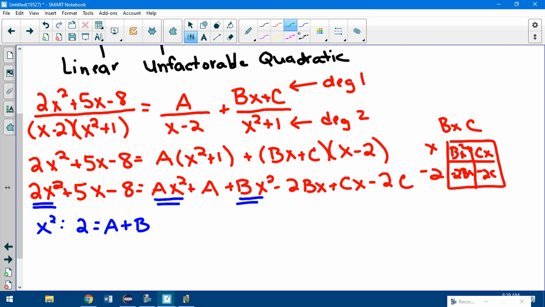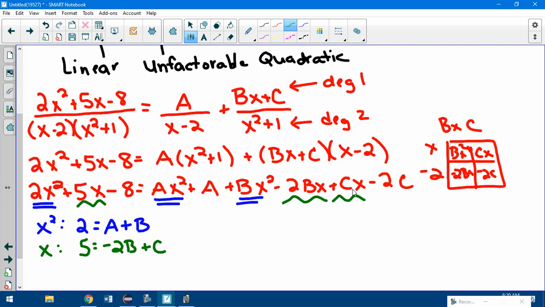Okay, now look at your x term. 5x has to come from negative 2bx plus cx. So for my x term, 5 has to equal negative 2b plus c, because the only way that this is going to become 5x is if negative 2b plus c combine to give me 5.